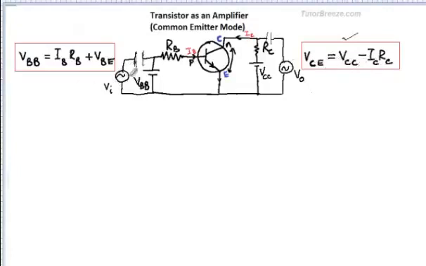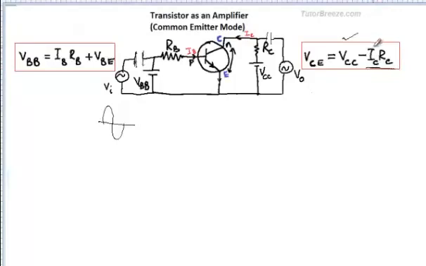During the positive half cycle of the input voltage, which means when the input voltage increases, the base current will increase. Now when the base current increases, the collector current is also going to increase. Over here, if you look at this expression, we are subtracting this term.